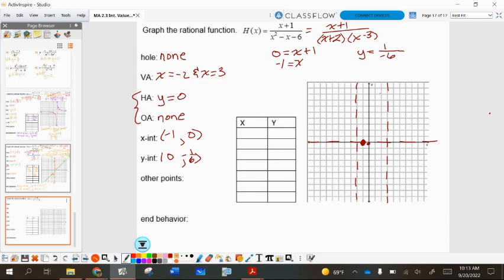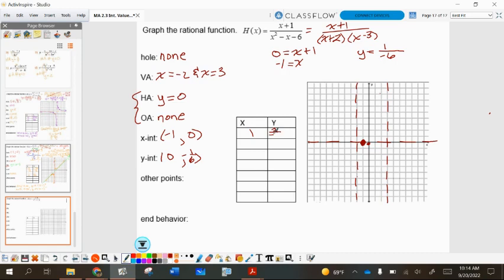So let's go ahead and get some other points so we can finish off this graph. I see that as I move left to right here, that looks like it's coming down. I want to check just one more point in there just to be sure. So let's plug in 1. 1 plus 1 is 2 over, I'm going to plug into the original, 1 squared is 1, minus 1 is 0, minus 6.